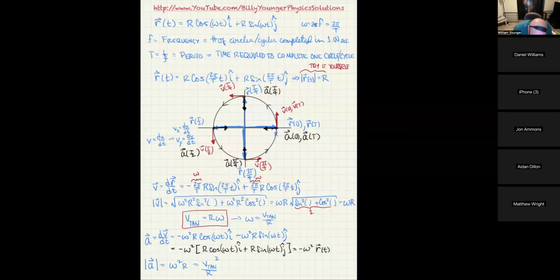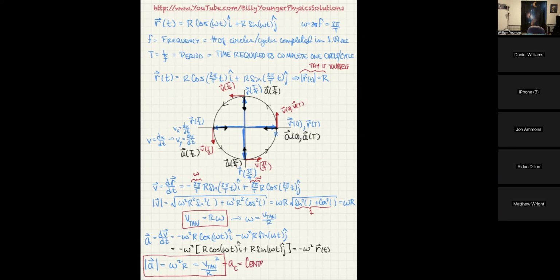And in fact, that is two different versions of the formula for a sub c, which is called the centripetal acceleration. Okay. Any questions on that?